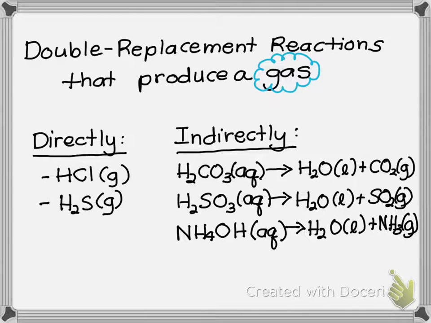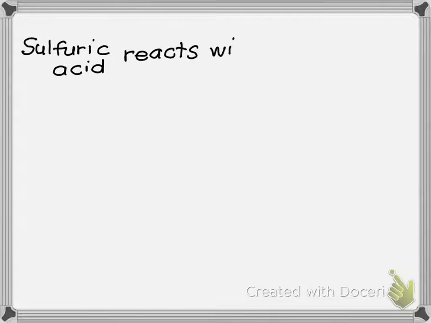So what I want to do is look at a problem that results in the formation of H2CO3 and what it would look like. So this is one of the homework problems, and in this problem it tells us that we're going to have sulfuric acid, and it said it reacts with sodium carbonate.